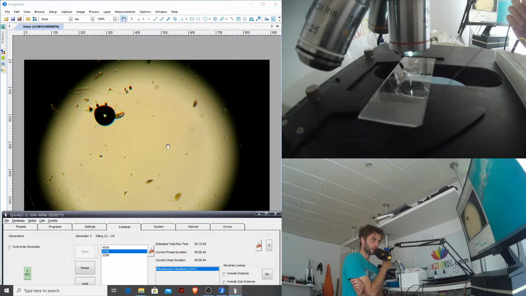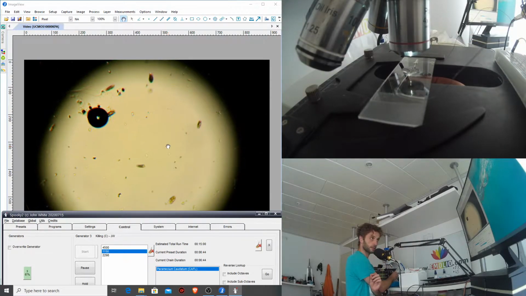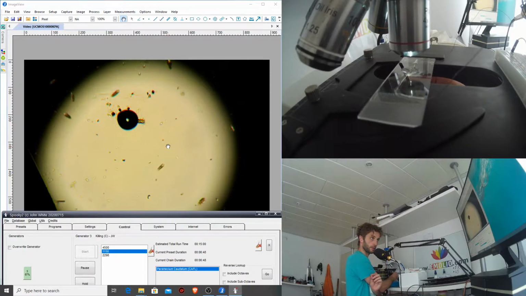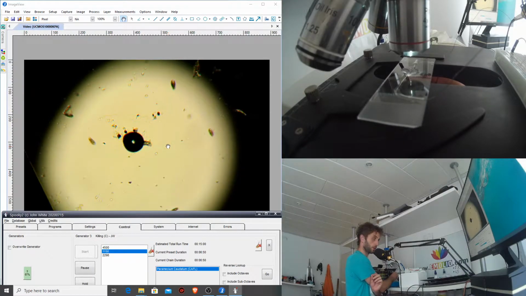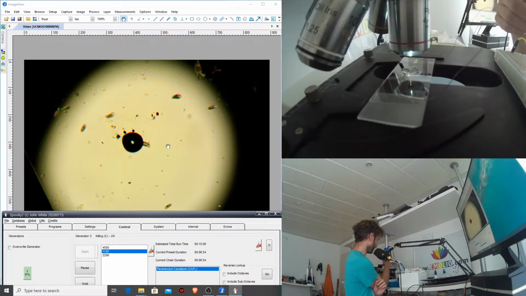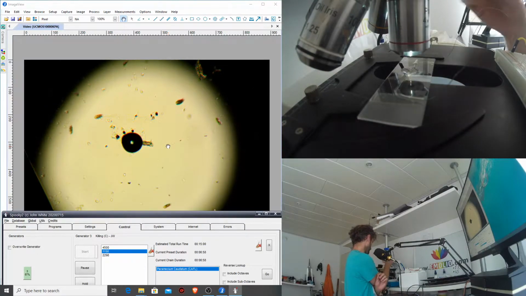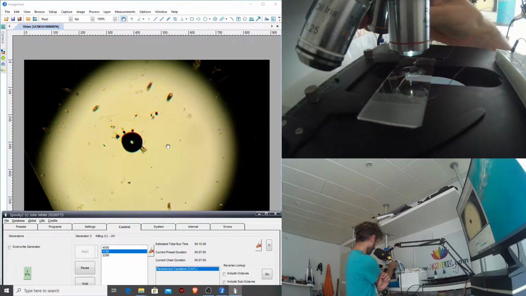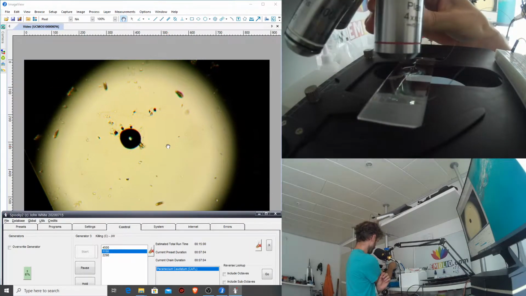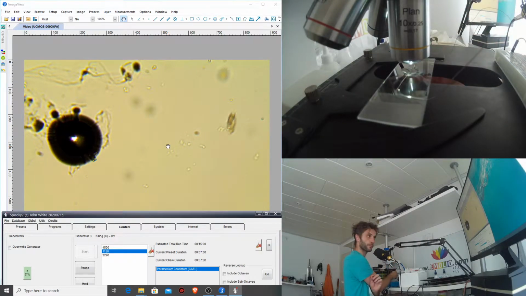I was just checking if there is enough water, and there is. Right. I don't know what that black hole is. We are now on 4 times magnification. Let's go to 10 times. Maybe we can see even more.